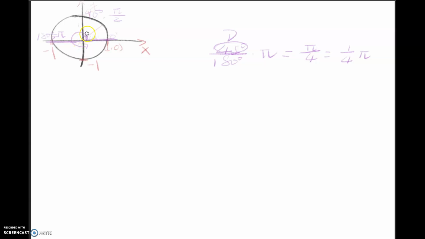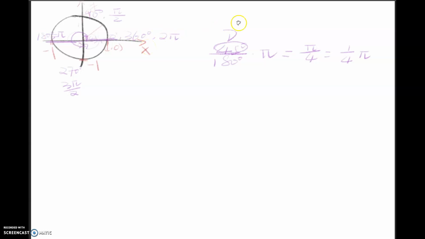Then going down, here we have 270 degrees, and we can also call it 3 pi over 2. And then going to 2 pi, and we are back to our starting point. So one round of a circle is 360 degrees, or we can also call it 2 pi.